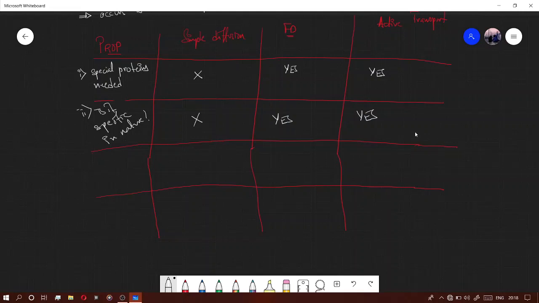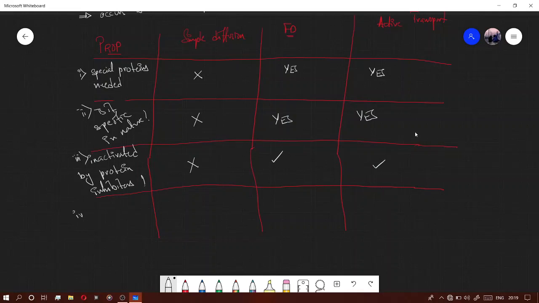Then, can it be inactivated by protein inhibitors? Then the answer is no here. It is yes, and it is also yes.